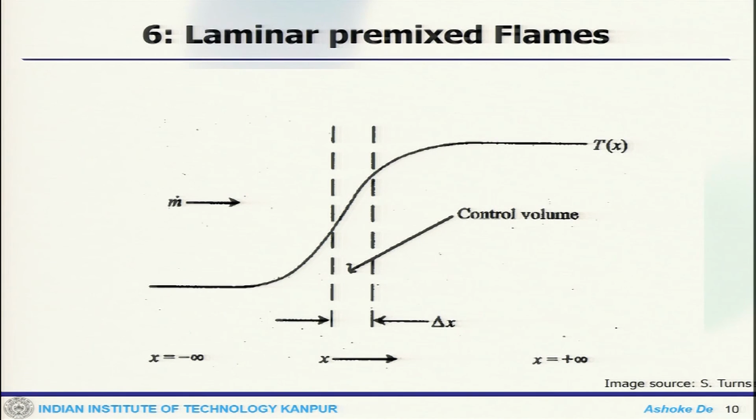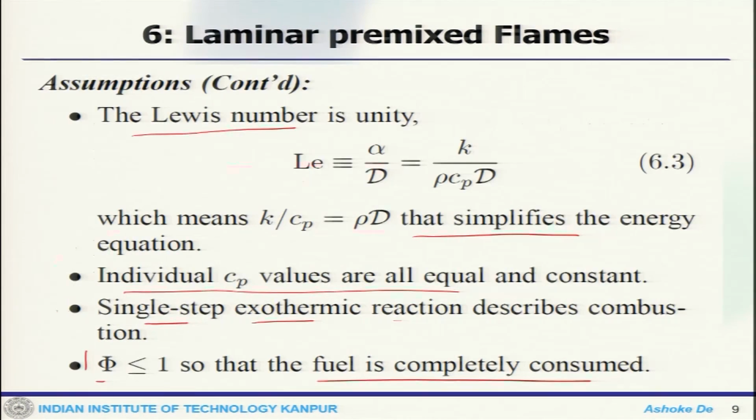Now, if we look at the picture, this is how we define it. We said one dimensional, so this is a one directional coordinate system. We take a small infinitesimal distance in that flame front, delta x. This is the amount of reactant mass coming in. Essentially this is my control volume, and this is the temperature rise. Anything we get will be a function of x only, because this is assumed to be one dimensional.